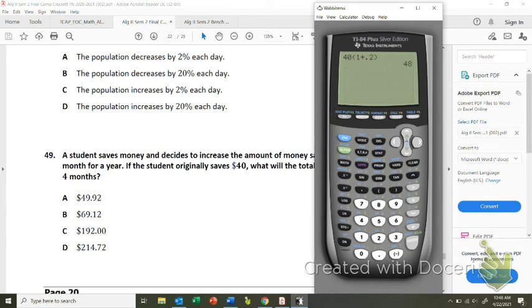Then we do it again. 48 times 1.2. That's the second month. And then we do it for the third month. And then we do it for the fourth month.